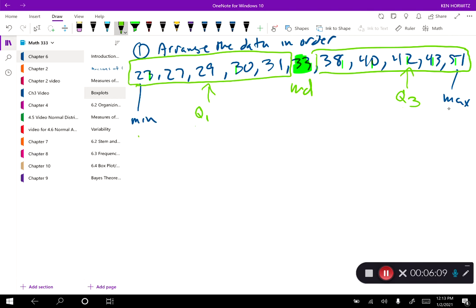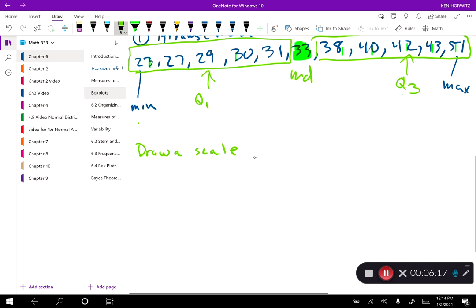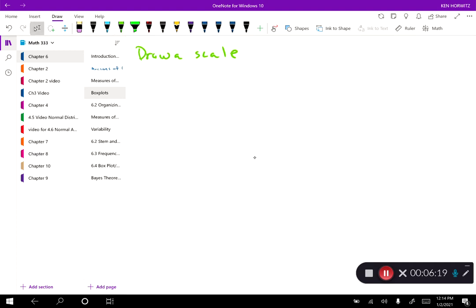So the next step is we draw a scale. I'm going to scroll up. We can always scroll back. So I'm going to do my scale. I'm going to go 20 down here. It's a little lower than I need to. 50 here. I know our maximum is going to go to 51. It can go a little bit beyond.